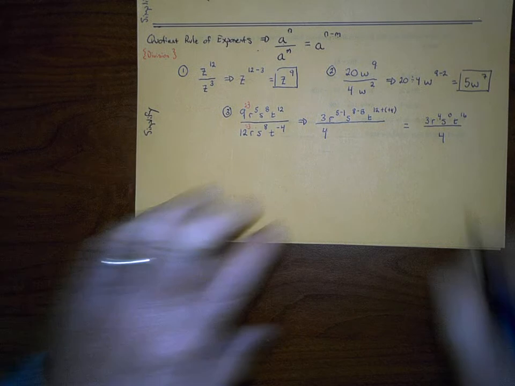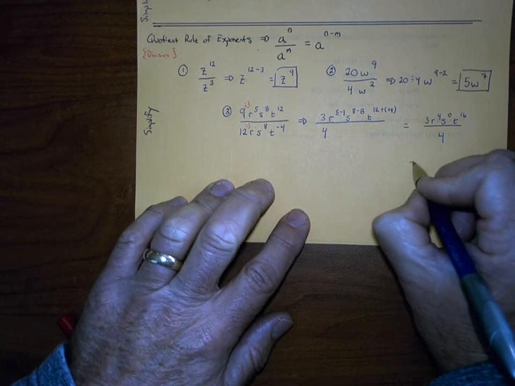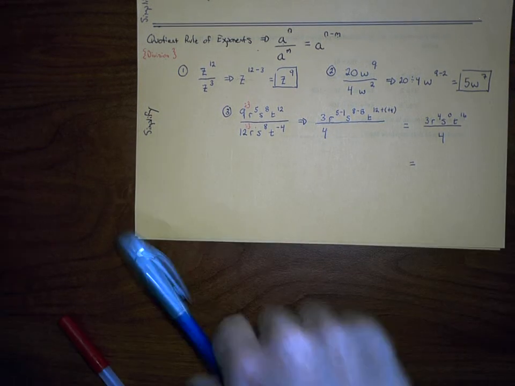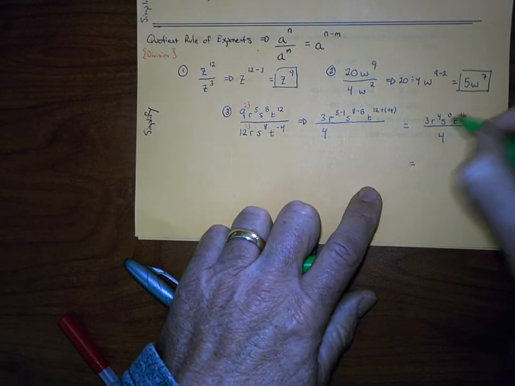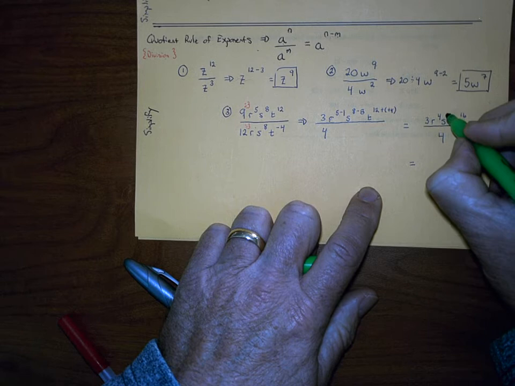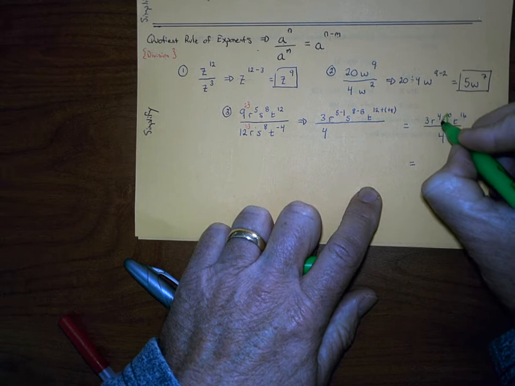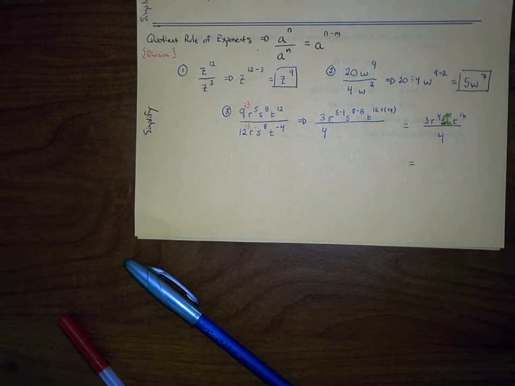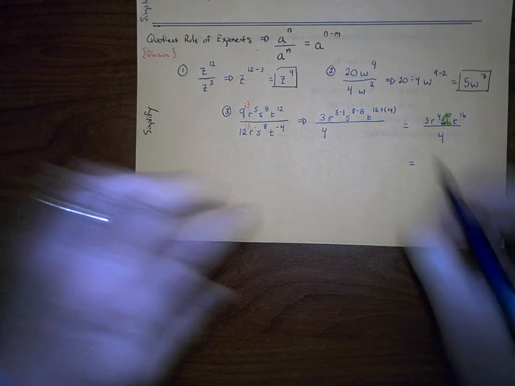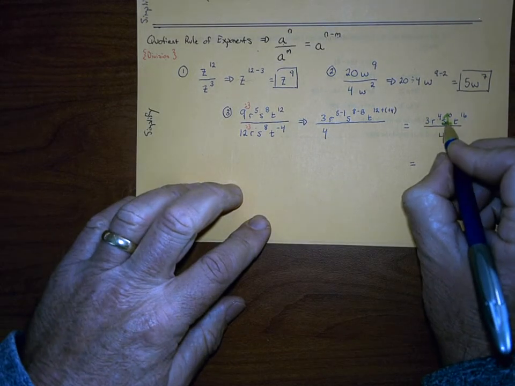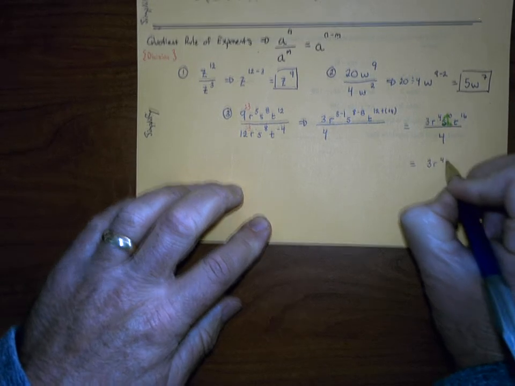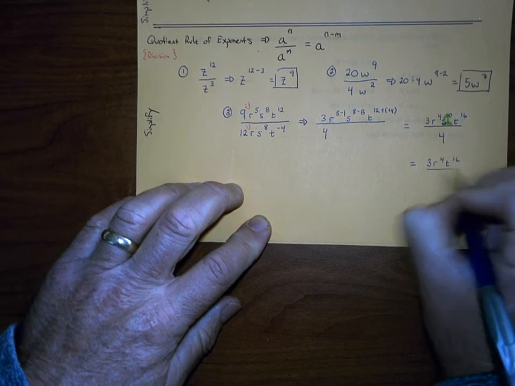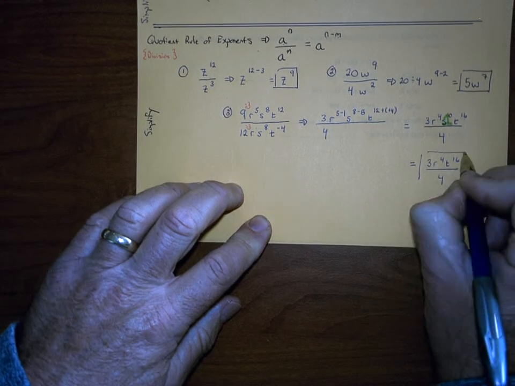And then you can simplify this even further, because anything to the 0 power turns that entire base and exponent into the number 1. So I'm left with 3 times 1, which is 3, r to the 4th, t to the 16 over 4. That's what that problem would simplify to.